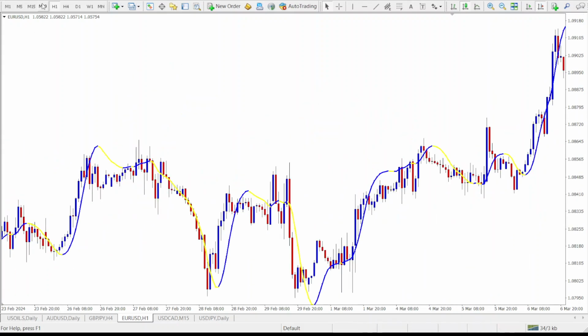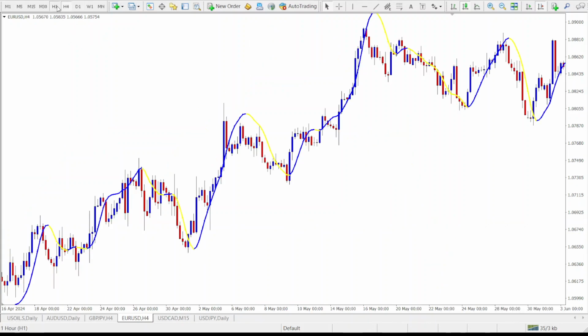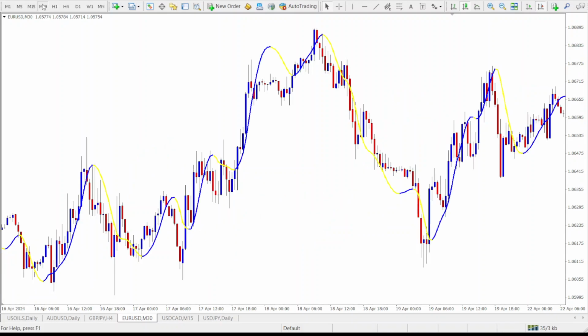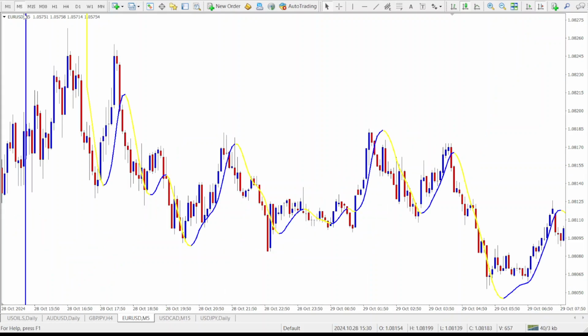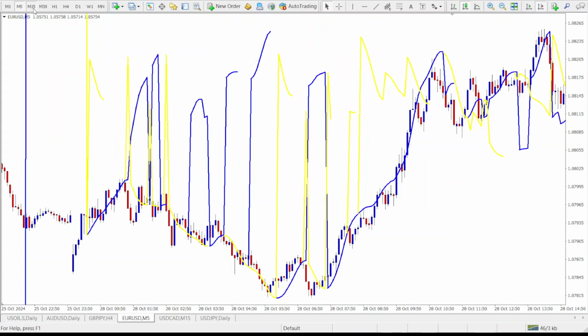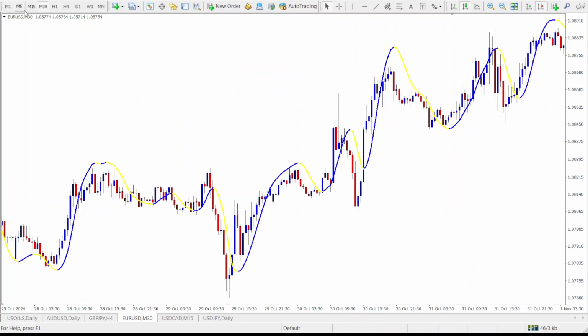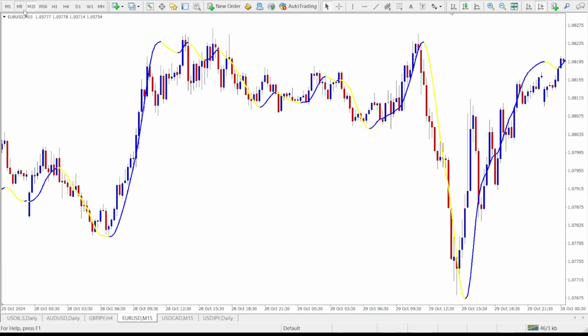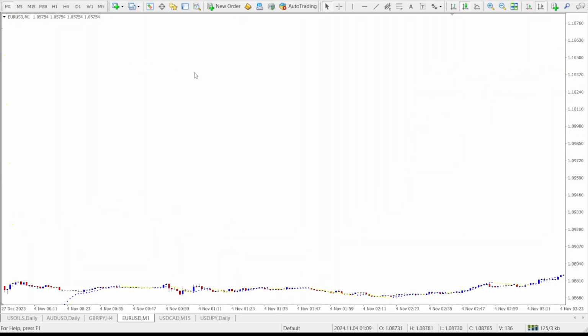The indicator seems to change its pattern across time frames, right? As we can see on the 15-minute chart, wow, this indicator is quite interesting.